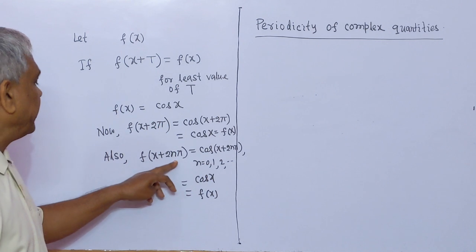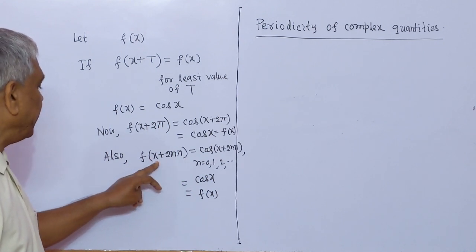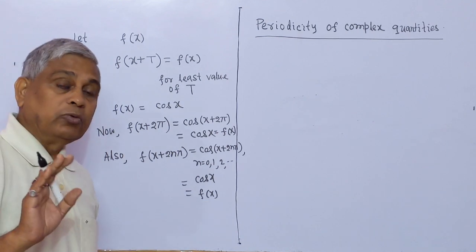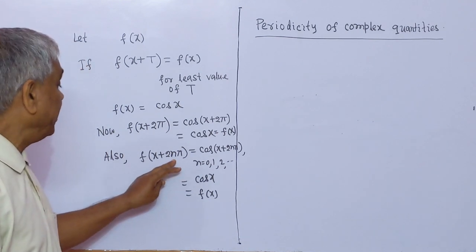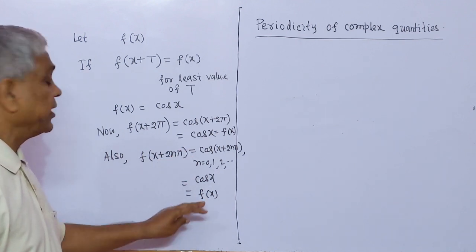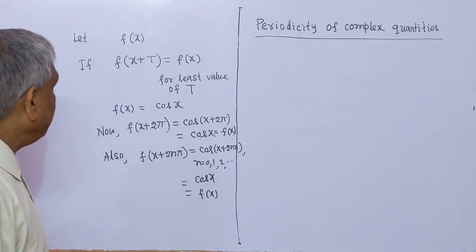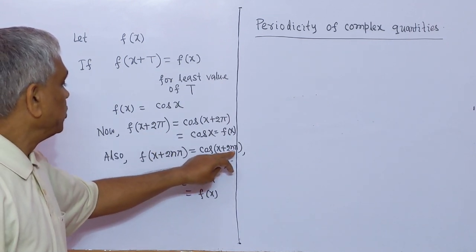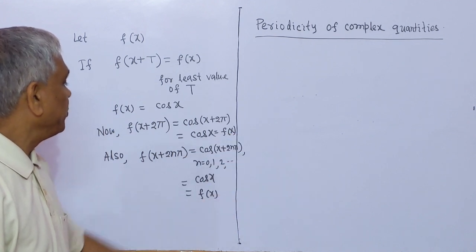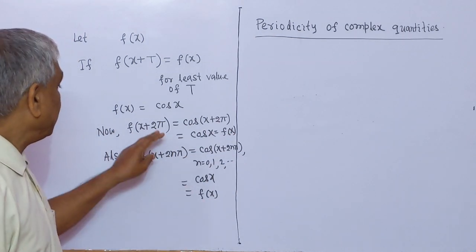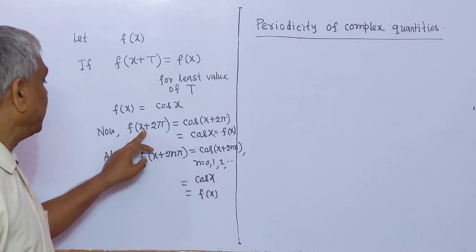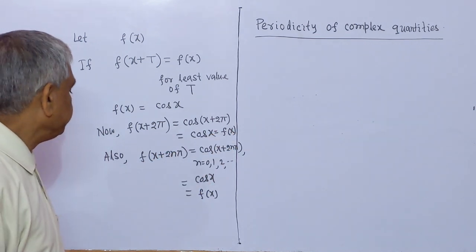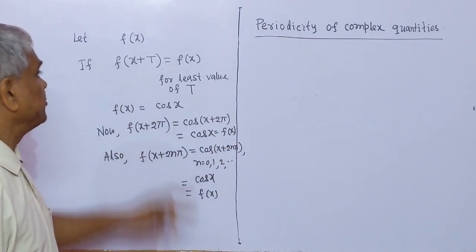Here we have added 2n pi with x and we get the same value of the function f(x). But we may not say that 2n pi is the period of the function, because the least value is 2 pi, for n equal to 1. We have added the least value with x and we obtain the original value of the function. So 2 pi is the period of this function.